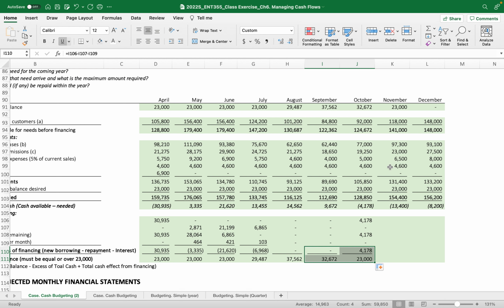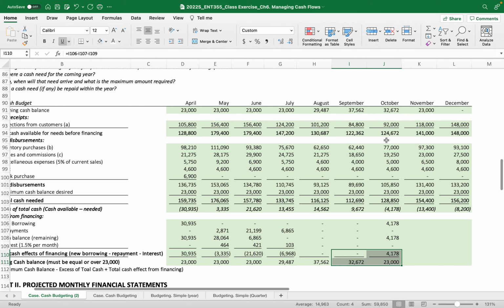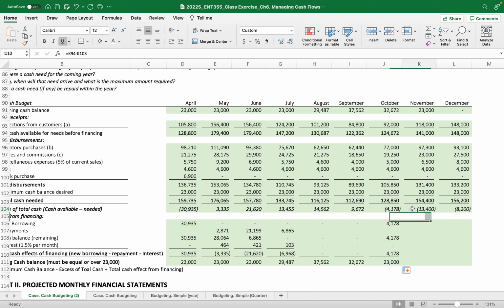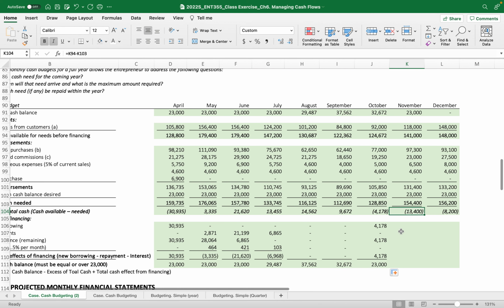On November, we still have a lack of cash, right? The cash available is 141, but the cash disbursement is 154,000. We still need money, even though we borrowed 4,174 the prior month, right?